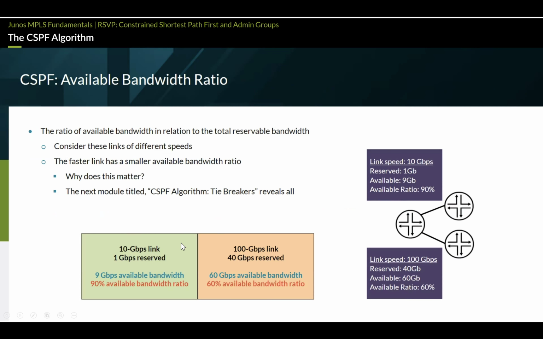CSPF available bandwidth ratio: a 10 Gbps link with 1 Gbps reserved means 9 Gbps available bandwidth, a 90% available bandwidth ratio. If you consider a 100 Gbps link with 40 Gbps reserved, that means 60 Gbps available bandwidth. So this is the reserved and available bandwidth calculation. It's very simple.